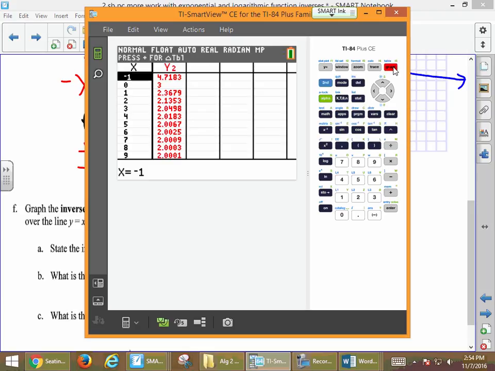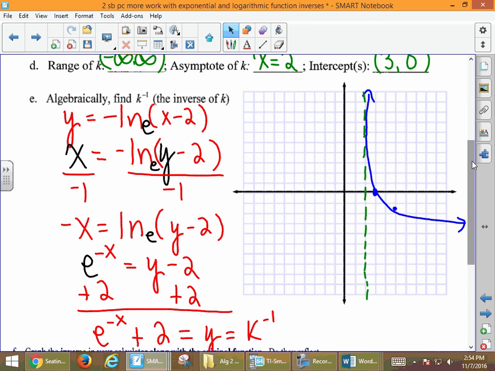And what we can see is we've got 0, 3, over 0 up 3, and we can graph a couple other points. Remember, this one was 5, negative 1.1, so negative 1.1, 5.